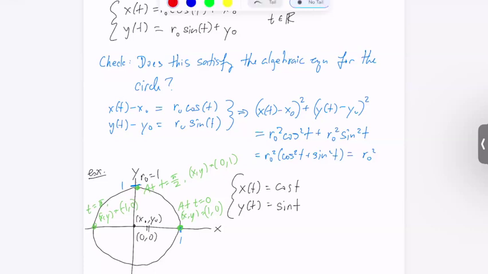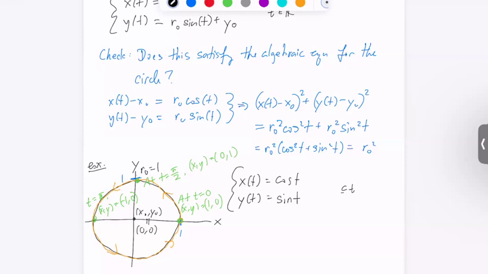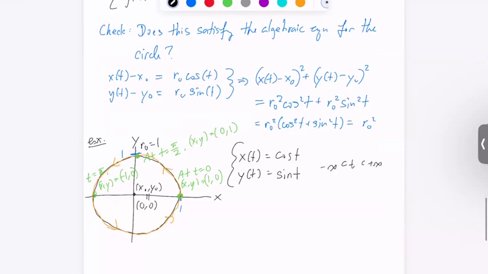So which way am I traversing this circle according to this parameterization? Am I going counterclockwise or clockwise? Am I going this way or this way? Right. So in this case, I'm traversing this circle counterclockwise. All right. So I've seen that t is between, well, all of the reals right now.